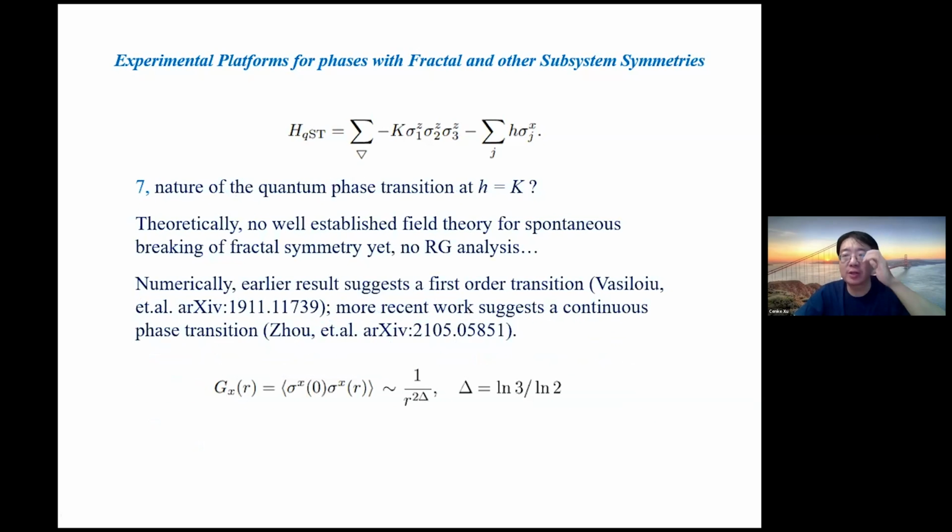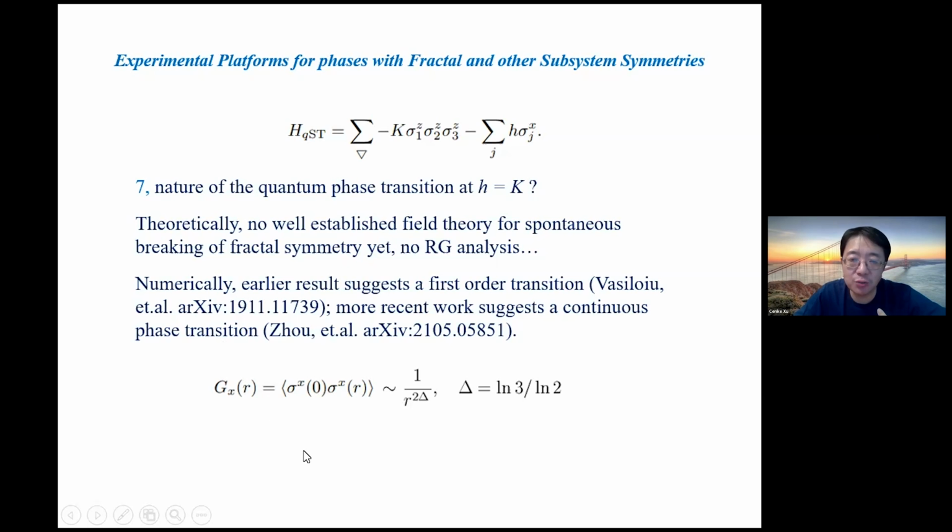So numerically, people did find one quantum phase transition at h equals k. But still, the nature of the phase transition is not very clear. Slightly earlier studies suggest it's a first order transition, and a more recent work suggests a continuous phase transition.